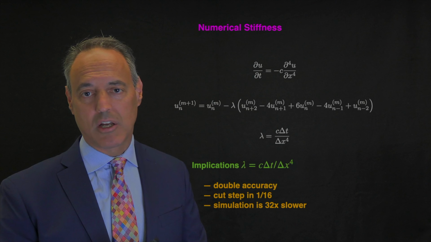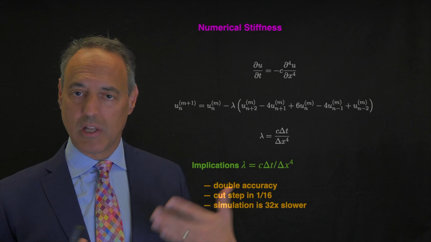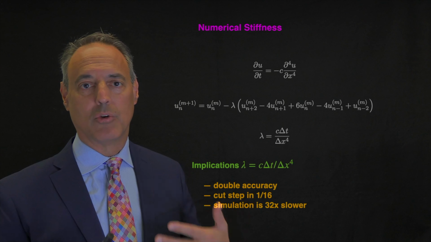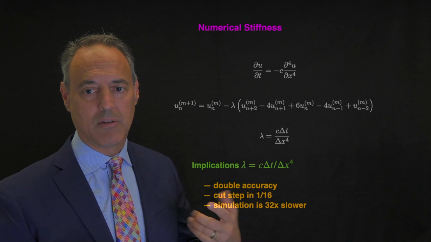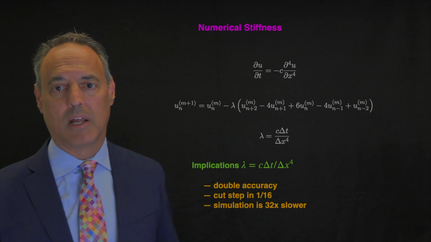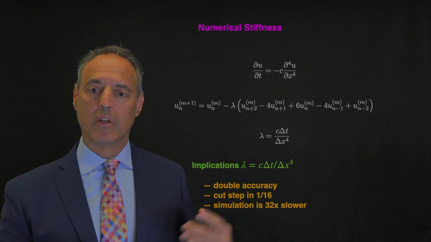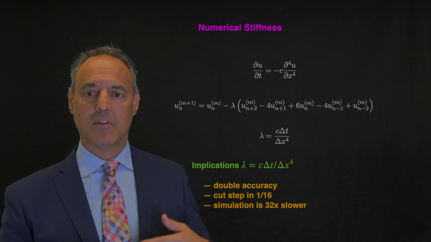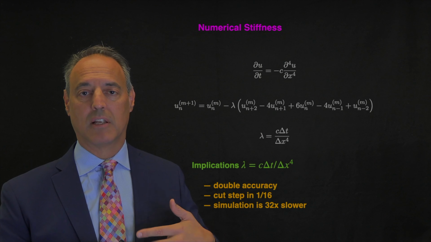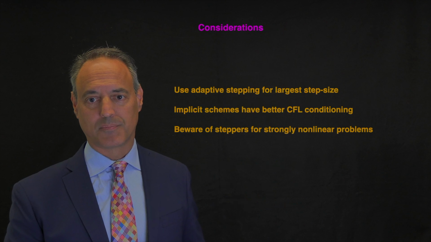You would love to have a very accurate solution, so you obviously want to double accuracy, but it's going to cost you a great deal. And so this is really important as a consideration in a lot of these problems: how do you get an algorithm that's as numerically unstiff as possible.